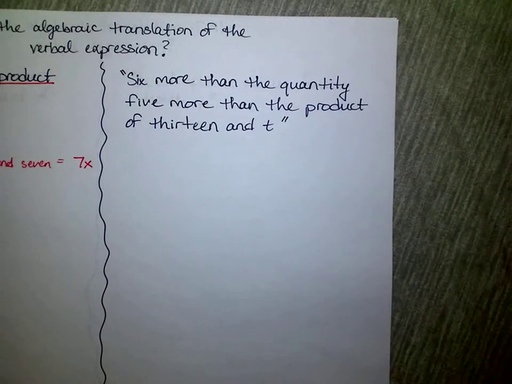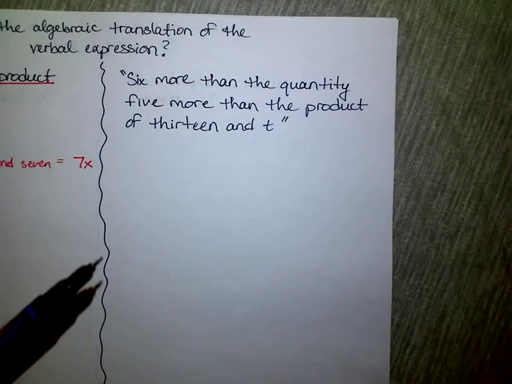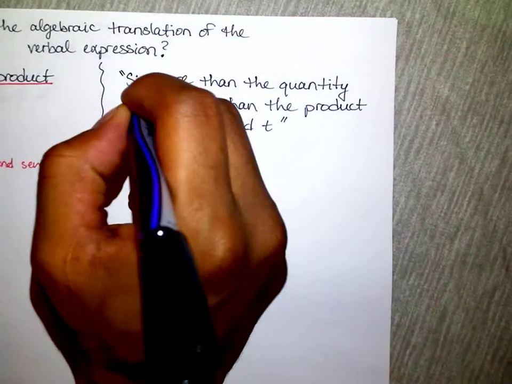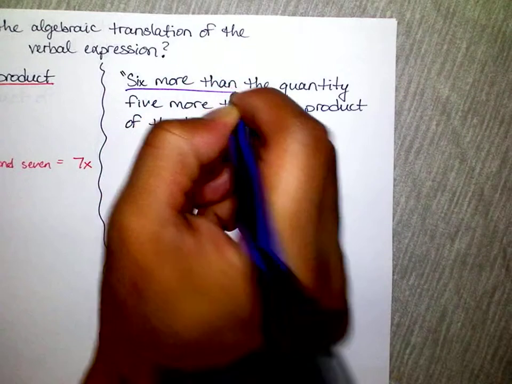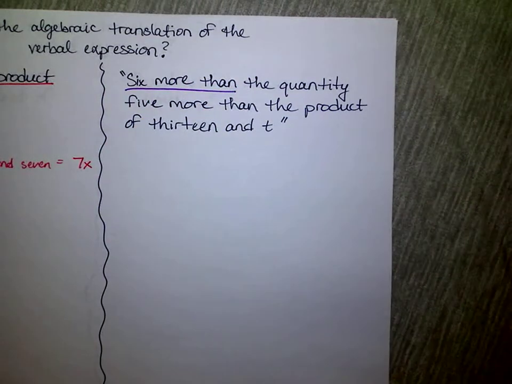This one says 6 more than the quantity, 5 more than the product of 13 and t. Alright, so once again we want to start off with 6 more than.